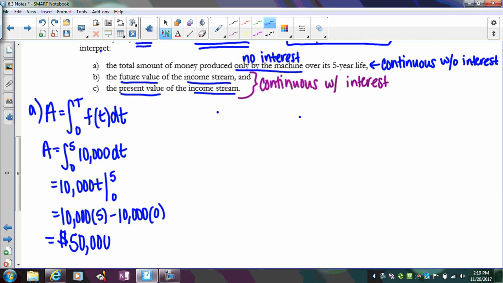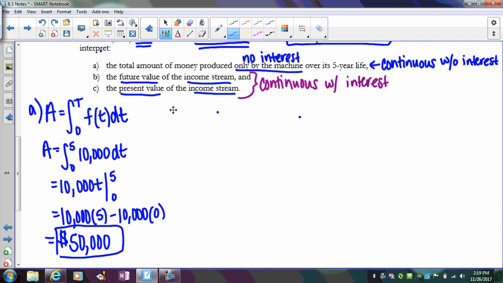You could probably see why you don't necessarily have to integrate this, because if I know I'm getting $10,000 for 5 years, well, 10,000 times 5 is 50,000. But there will be times where you will want the integral. In this case, we're just going to use the integral because it'll help you with future problems that might not be just a constant function. So there's your first part.